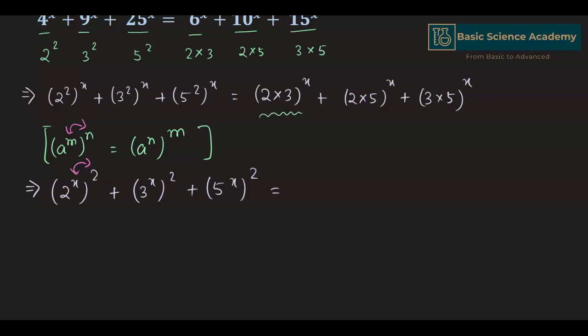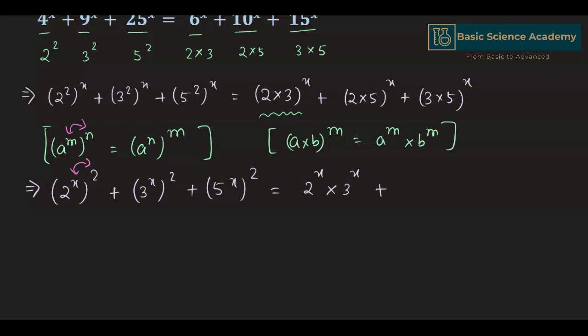we can write 2 multiplied by 3 to the power of x as 2 to the power of x multiplied by 3 to the power of x, because according to the law of exponent, a multiplied by b to the power of m is equal to a to the power of m multiplied by b to the power of m.